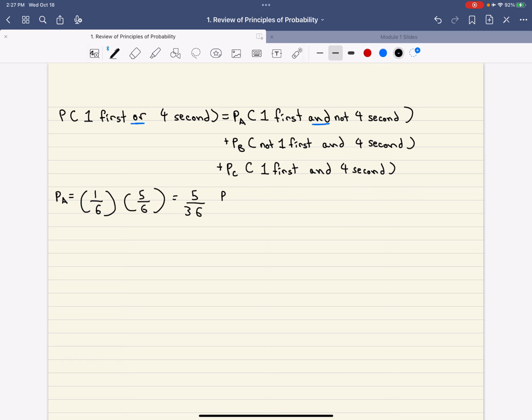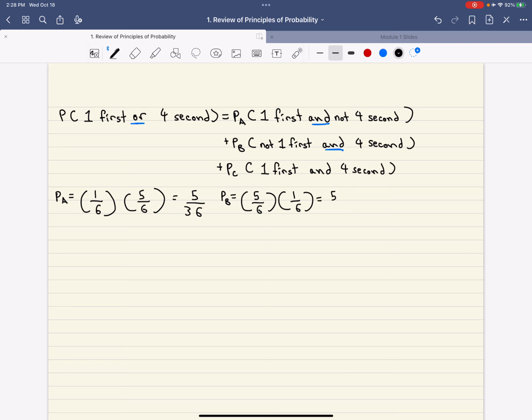For probability B, we're looking at the case where we do not get a 1 and we do roll a 4 on our second roll. And so here, once again we're looking at an AND situation. The probability we don't get a 1 is 5 out of 6. The probability we roll a 4 on our second roll is 1 out of 6.